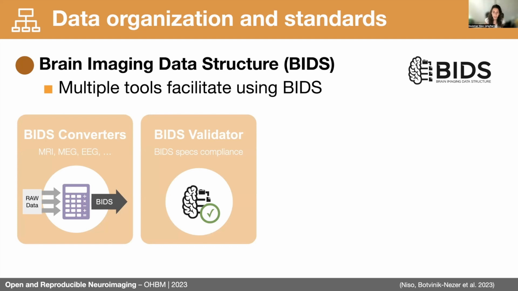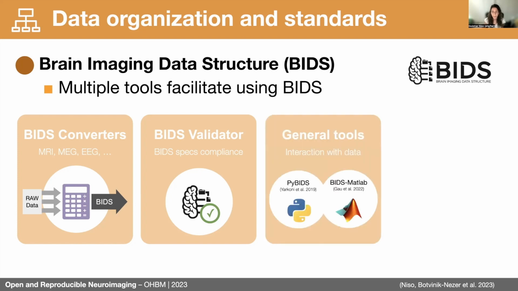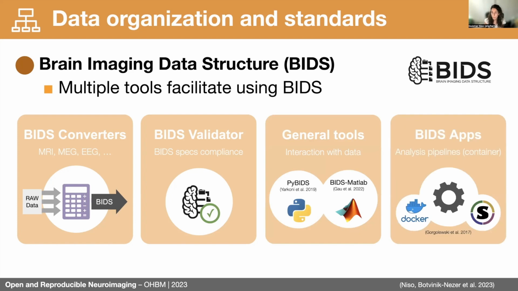And if there are some fields that are not included and should be included, it raises some errors or warnings. There are also some general tools to interact with the data, like PyBIDS and BIDS-MATLAB. And finally, some BIDS apps, which are just analysis pipelines inside a container. We will see some more information about containers in the data analysis part of the course with Pierre.